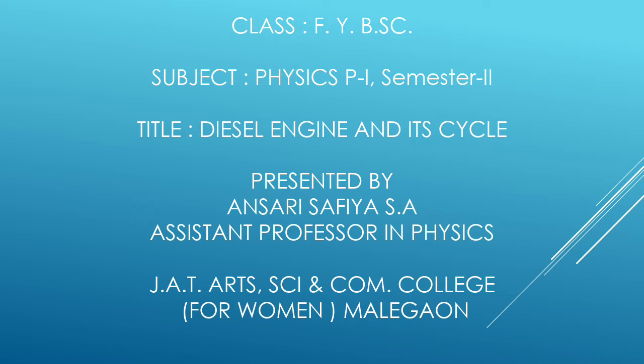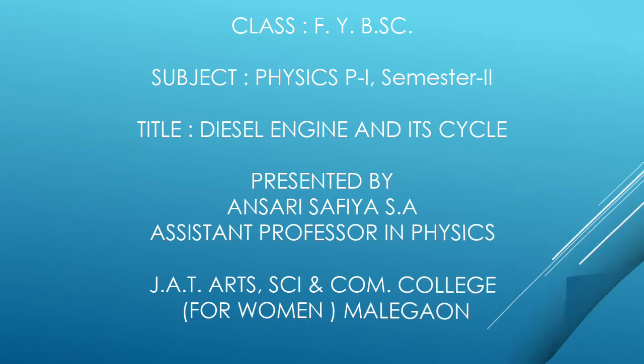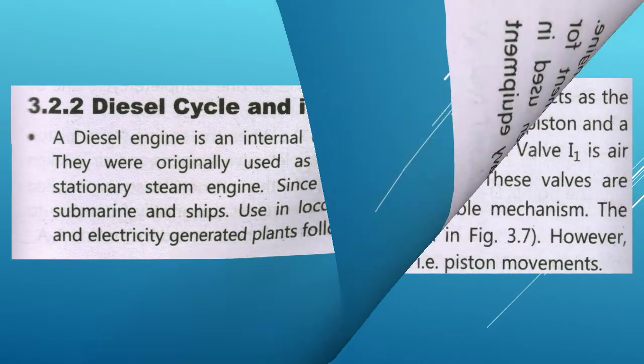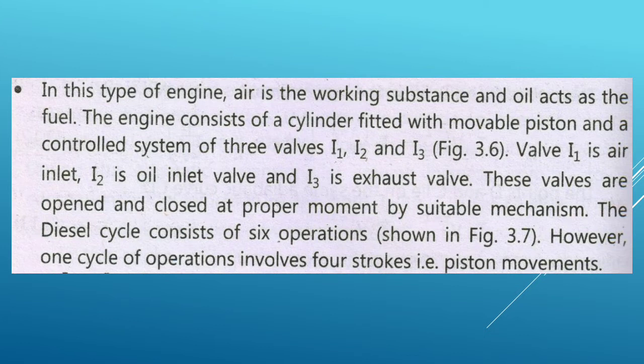Now today's topic is diesel engine and its cycle. A diesel engine is an internal combustion type 4-stroke engine. In this type of engine, air is the working substance and oil acts as a fuel.